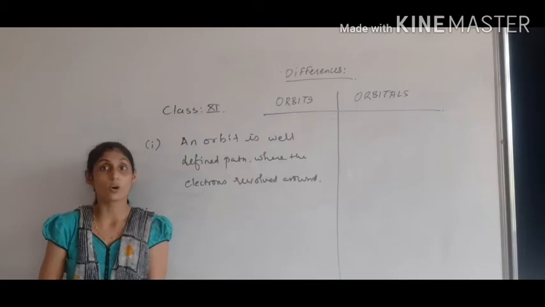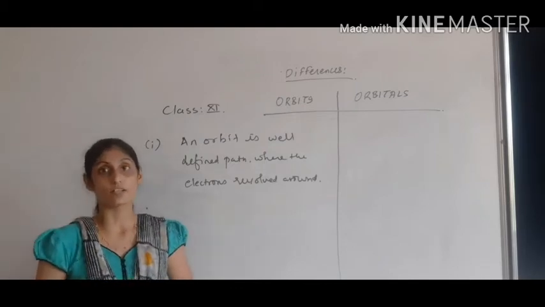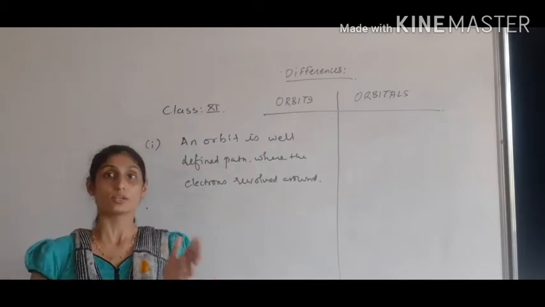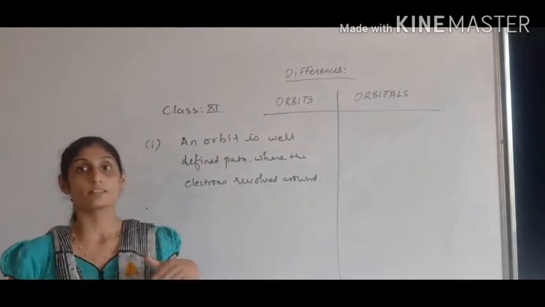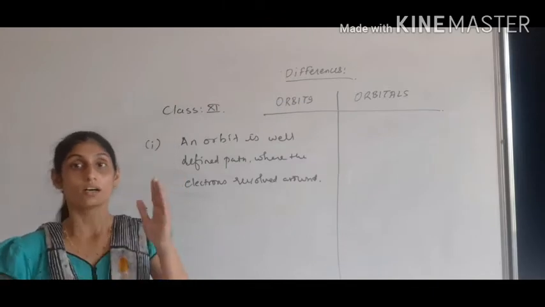Now what about the orbital? It is a three-dimensional orientation of the electron, where the probability of finding the maximum amount of electrons is around the nucleus.